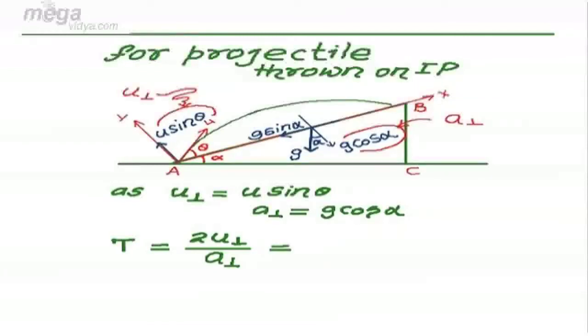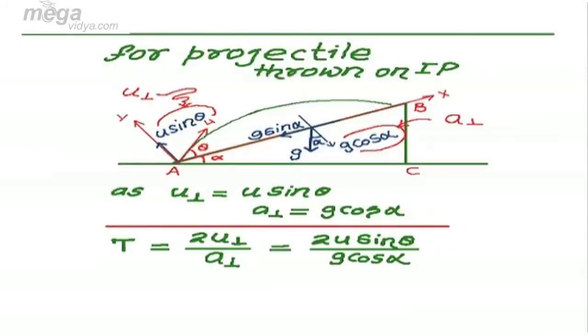It gives us 2u sine theta divided by g cos alpha is the time of flight for this projectile on this inclined plane.